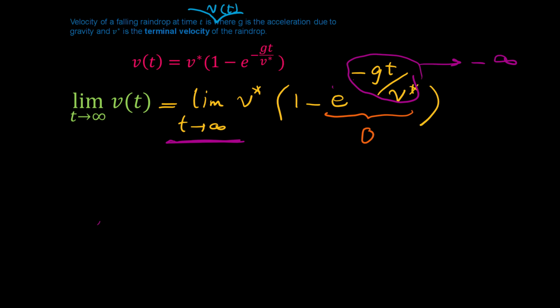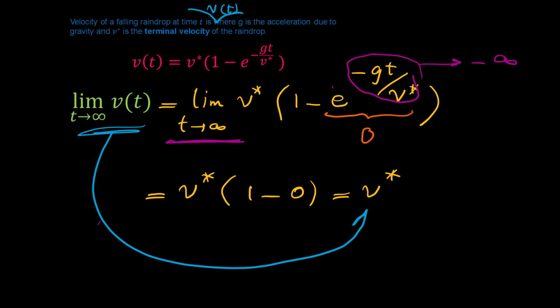So we have this limit equals v star times 1 minus 0, which would be v star. So at infinity, which means that after enough time, the velocity of the raindrop gradually would approach v star, which is terminal velocity. And this completely makes sense because it is terminal velocity, which means that finally the velocity would approach that number.